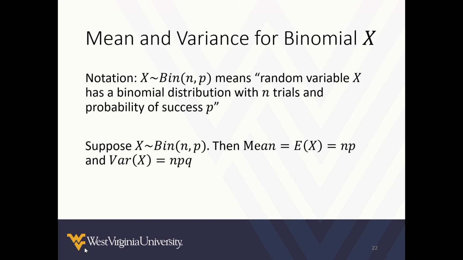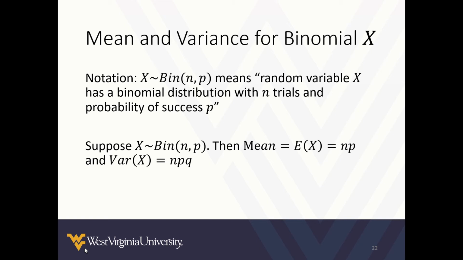So when we are talking about the binomial notation, we tend to write it as our variable of interest, let's say x, tilde, bin, abbreviation of binomial, and then in parentheses, n comma p, n as our sample size, p is our probability of interest. How we say this technically is that the random variable x follows or has a binomial distribution with n trials and probability of success p.